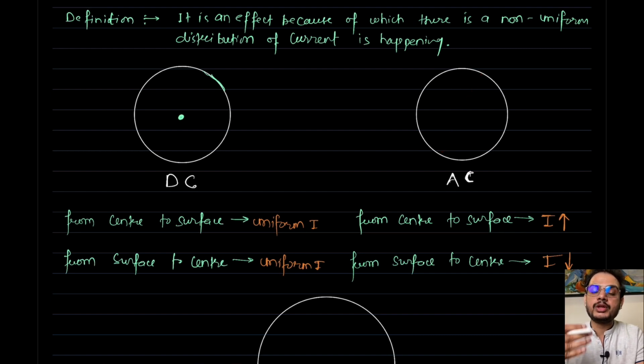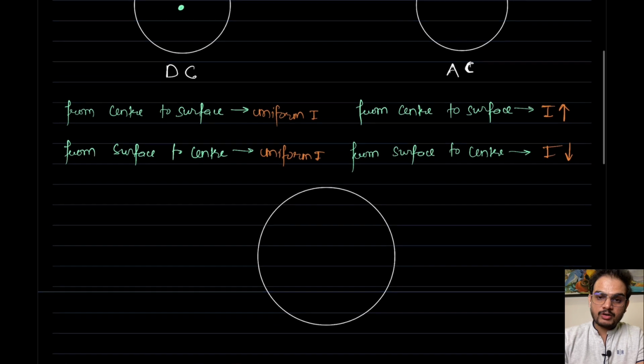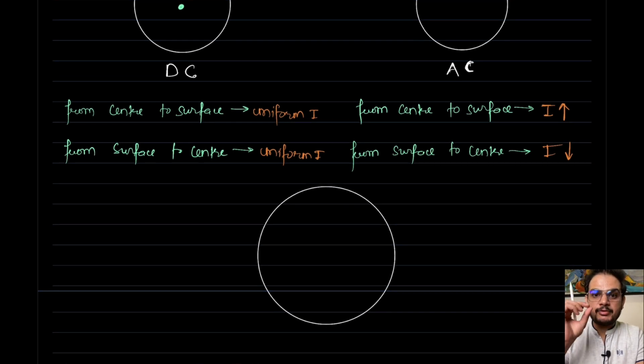Once again, non-uniformity comes into the picture in the form of flux linkages. At some point my flux linkage will be maximum, at some point minimum. Now we need to see at which point it is maximum.